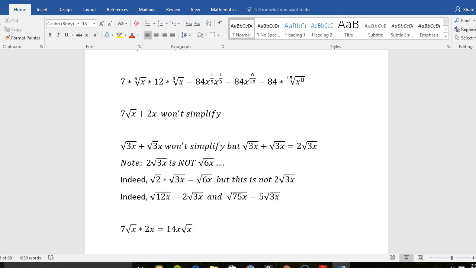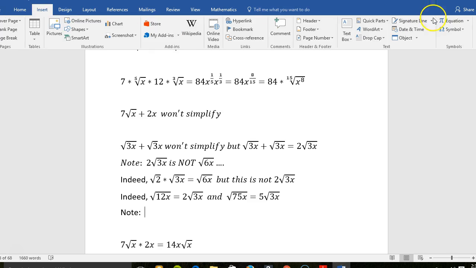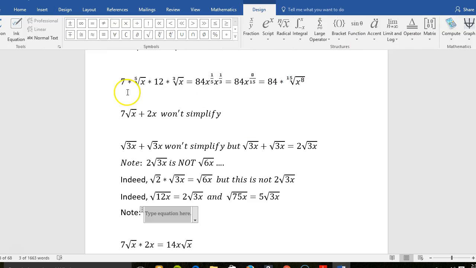And if that helps, I'll do that. So let me just type a little note. So I'll put note, and let's type that in. So if I had like 5 times the fourth root of, since we're doing 3x, it doesn't have to be 3x. It could be this, the idea works for just about anything. I'm just picking on 3x here.